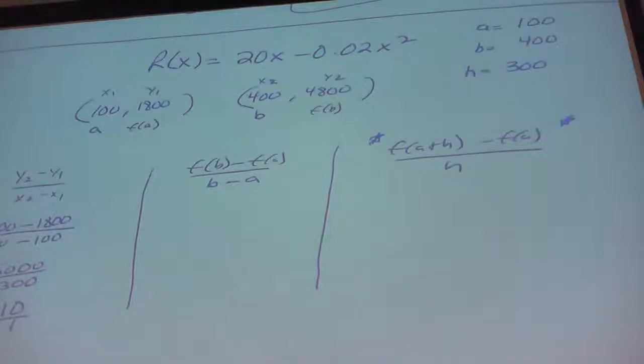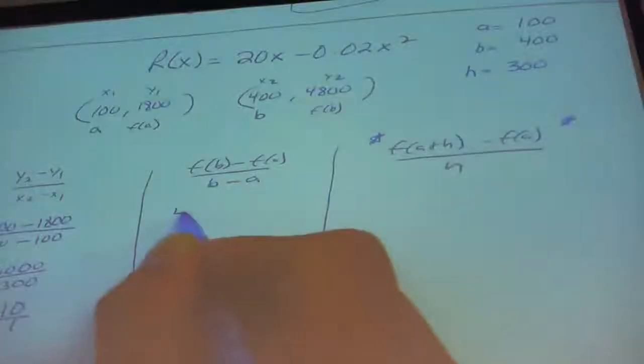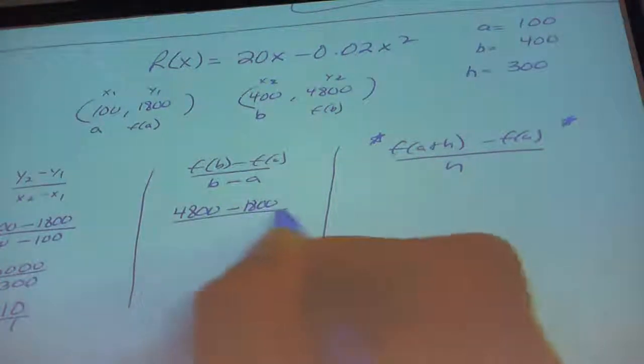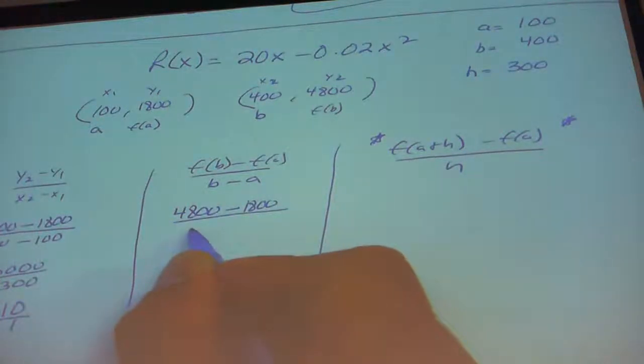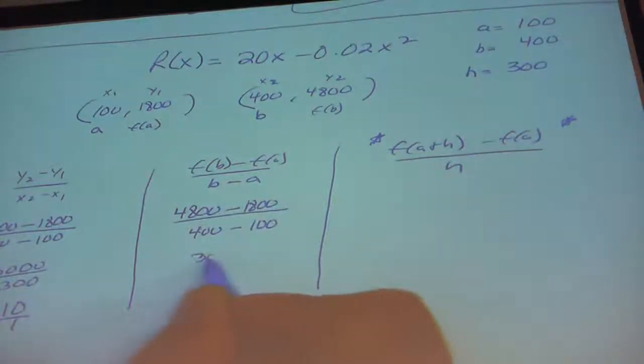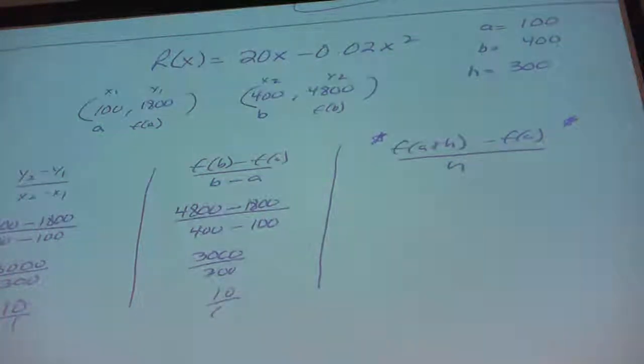Now, what's f of b? 4,800. Minus, what's f of a? 1,800. Over, what's b? Minus, what's a? Same thing. Again, you're going from A to B, you're going from 100 to 400.